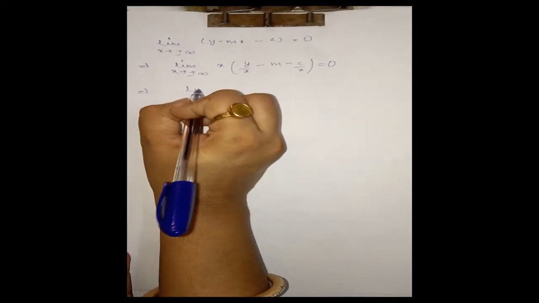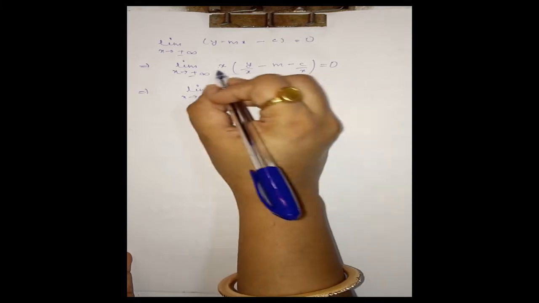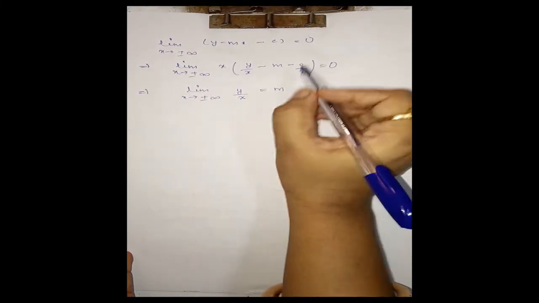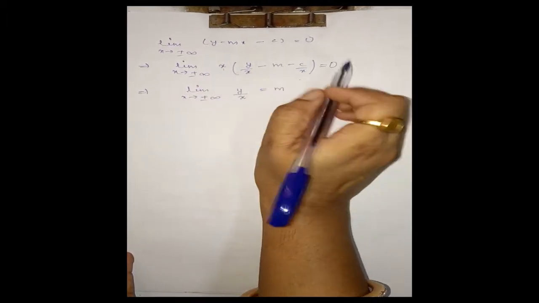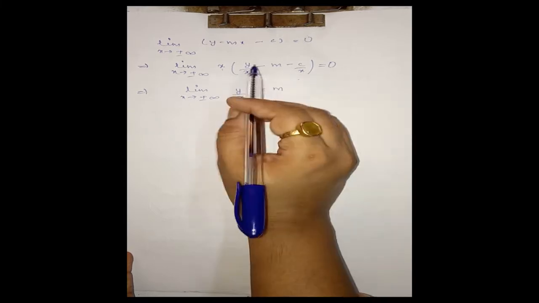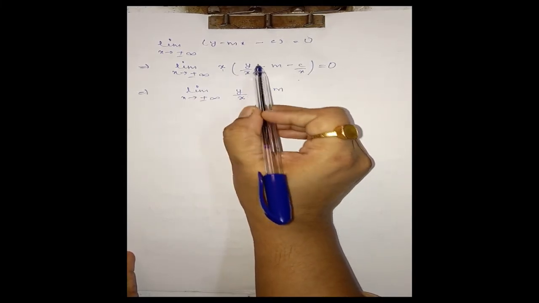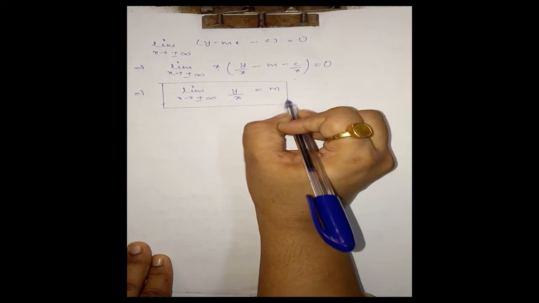This c by x is 0 when we take the limit, so on taking the limit, we have the limit as x tends to plus or minus infinity of y by x is equal to m. From these two equations we get the values for m and c.